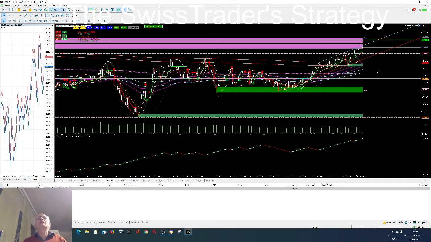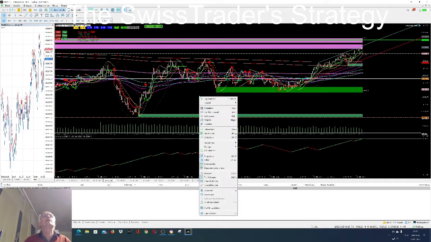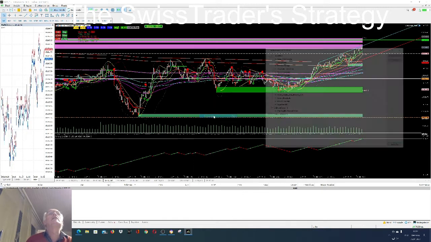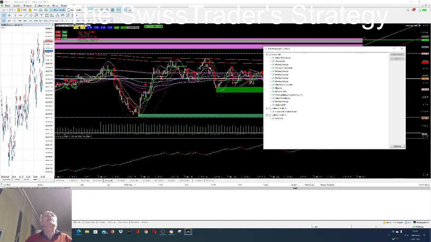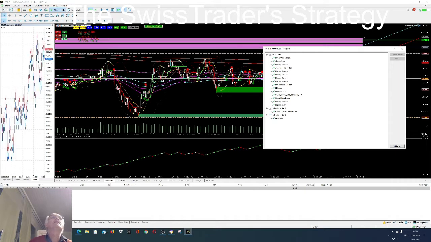And here are the indicators. Here again, it's quite a lot. This is the Swiss VWAP symbol, the VWAP zigzag. I have a zigzag 2. This zigzag is a free indicator from MQL5. It shows you the wave structure.